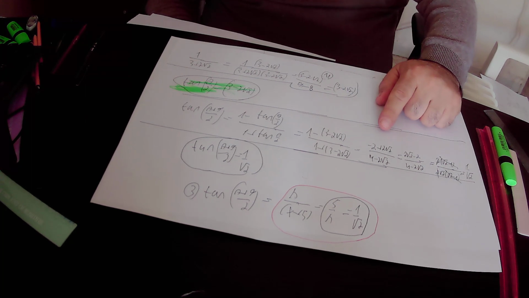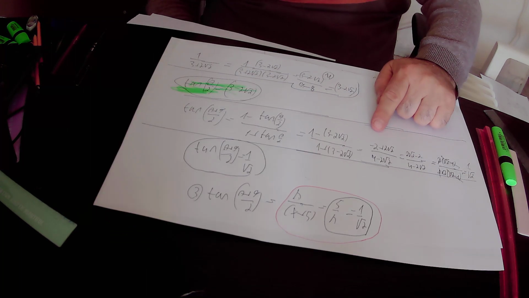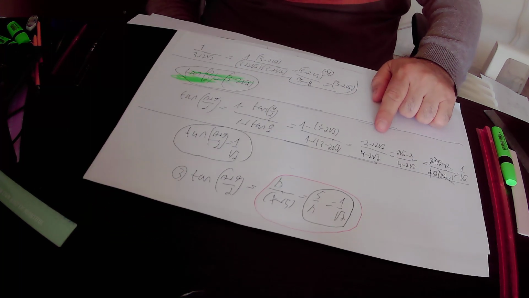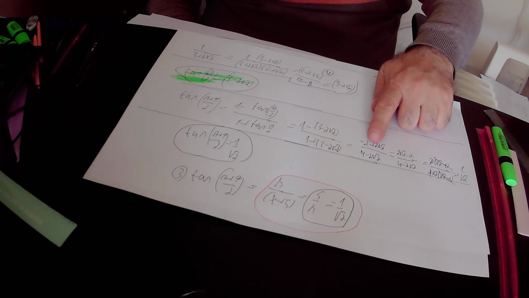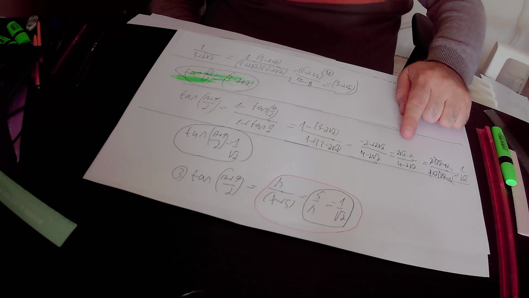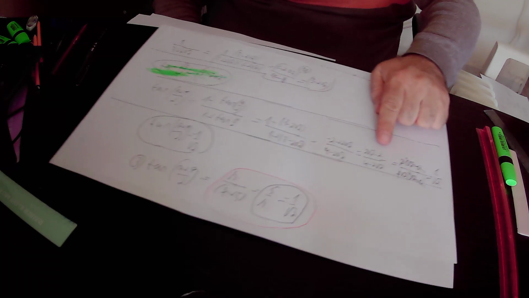And here 1 minus 3 is minus 2, minus and minus is plus, so in the numerator we have minus 2 plus 2 times square root of 2. 1 plus 3 is 4, so in the denominator we have 4 minus 2 times square root of 2. So we have 2 times square root of 2 minus 2 over 4 minus 2 times square root of 2.